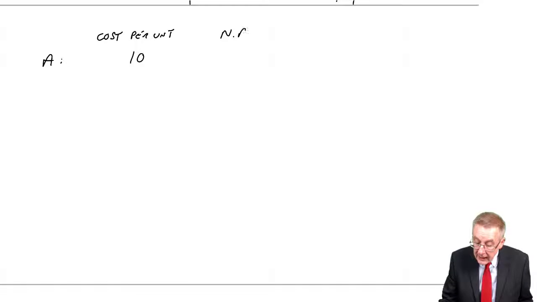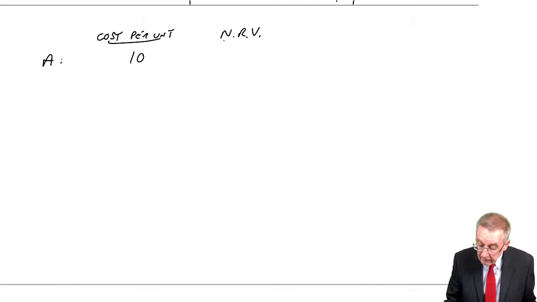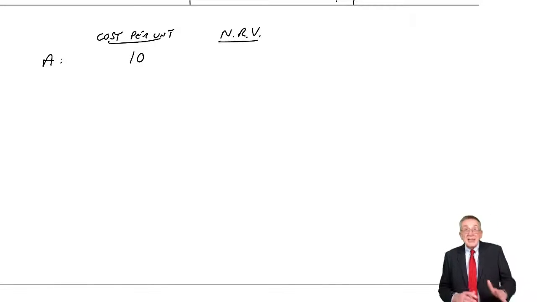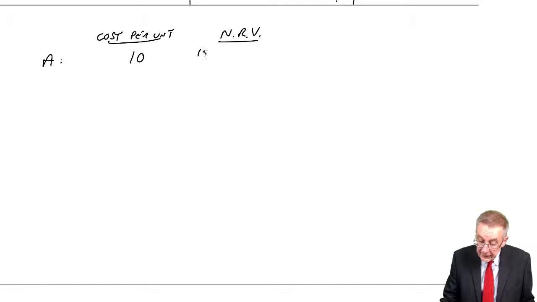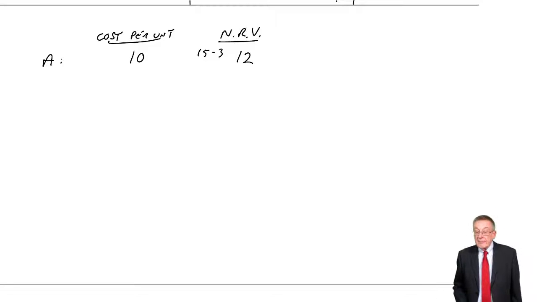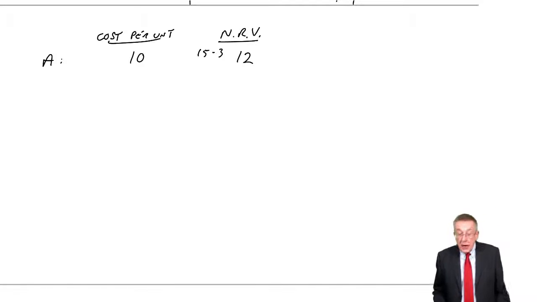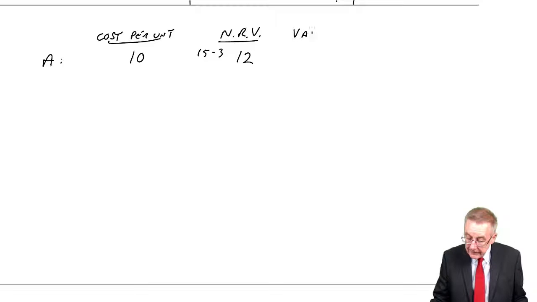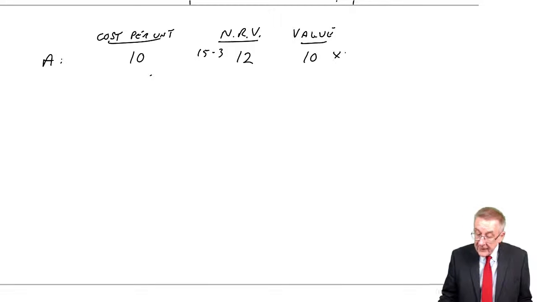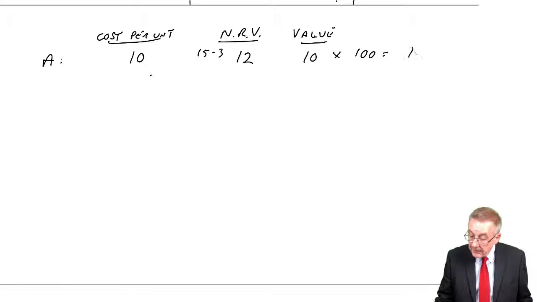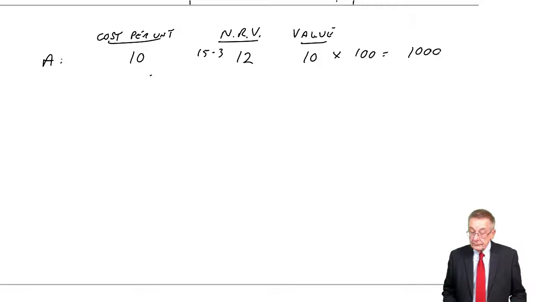So the net realizable value, 15 less these extra costs we're going to have to spend, 15 minus 3 is 12. And so they'll be valued at the lower of the two, 10. In total, since there are 100 units, they'd be valued at 1,000.